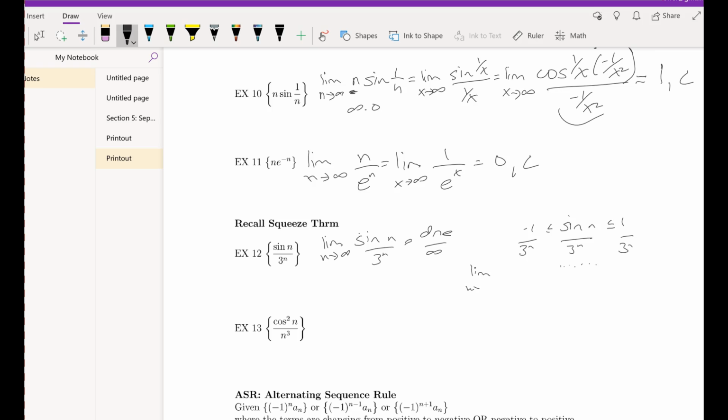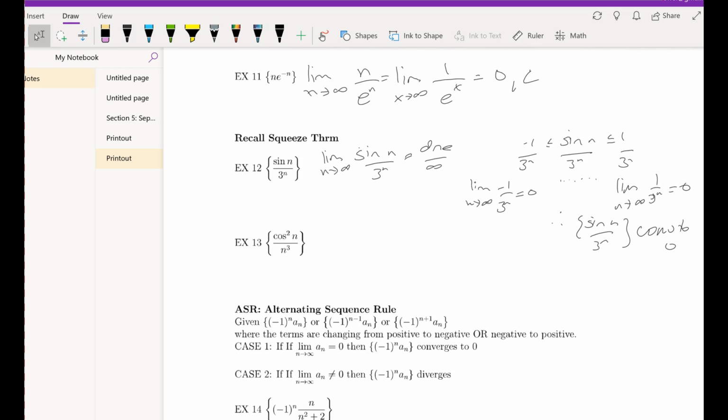So if I can show the two other sequences go to the same number, and they do, therefore I know that the sequence in the middle has the same limit and it converges to 0.